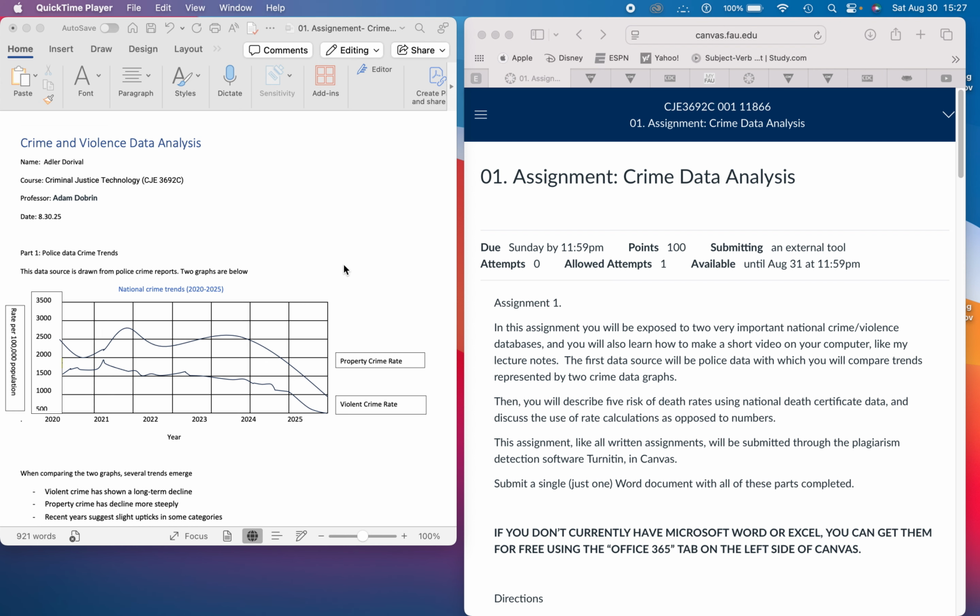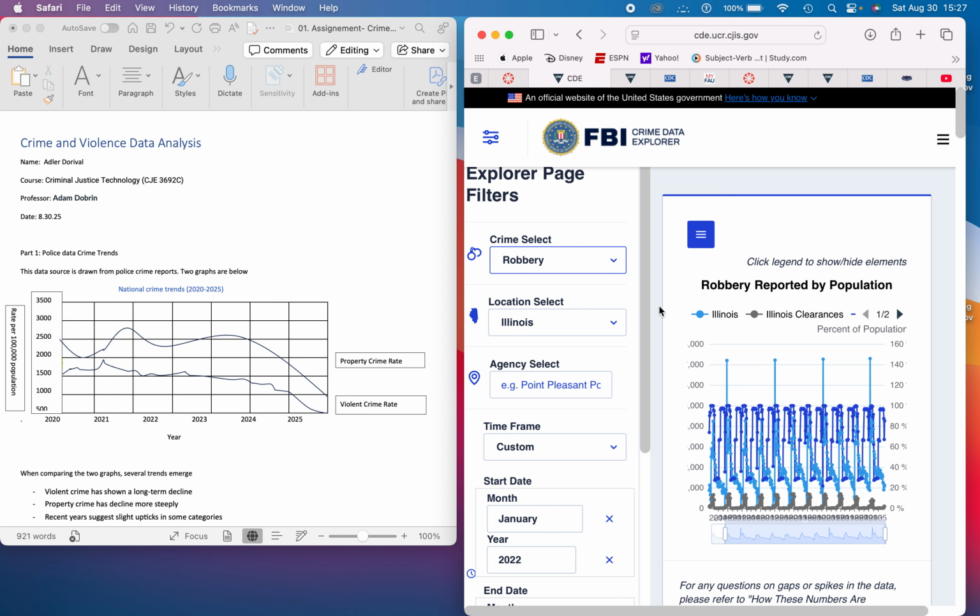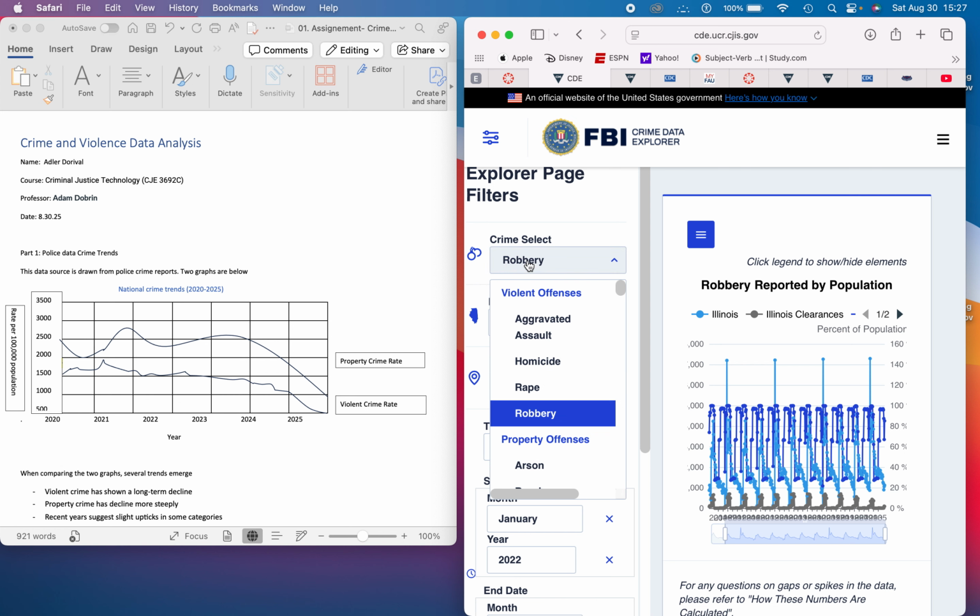Okay, let's begin. So first, what I'm gonna do is go on the FBI website right here. I had already clicked it and looked over it, and it's pretty simple. In order to get this graph, the national trend, to see if it's going up or down from 2020 to 2025, for the violent crime, which is the one on the bottom, all I had to do is go on crime select and go to violence offenses.